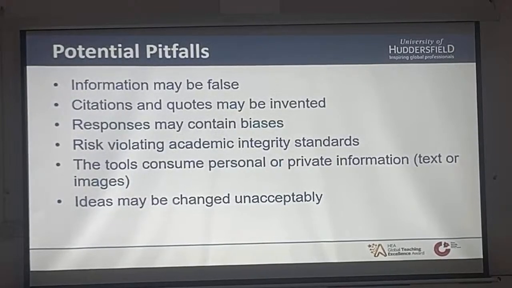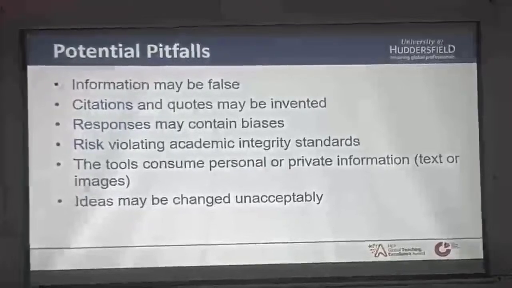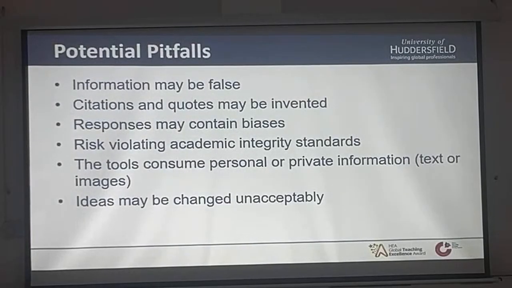And then, regarding information, don't rely completely on it. Especially when you ask for references, sometimes it gives false references. Citations and proofs may be completely changed. The response may also contain bias, as I mentioned earlier. The risk of violating academic integrity and standards is also a pitfall.